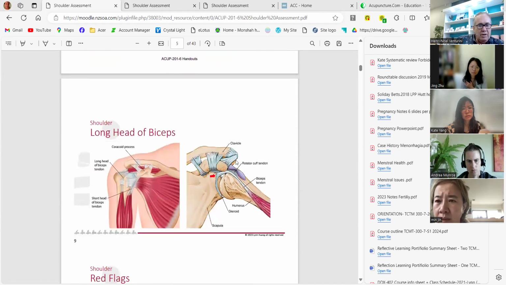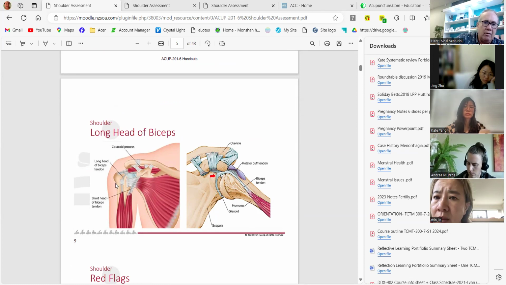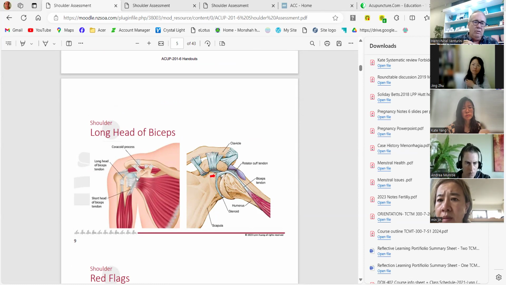The long head of the bicep is because the bicep has 2 tendons. The long head is on the lateral aspect of the shoulder, or anterior lateral aspect of the shoulder, and the short head inserts into the structure just below the clavicle.